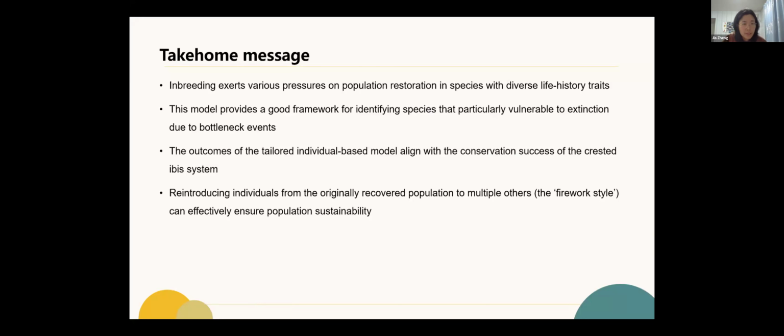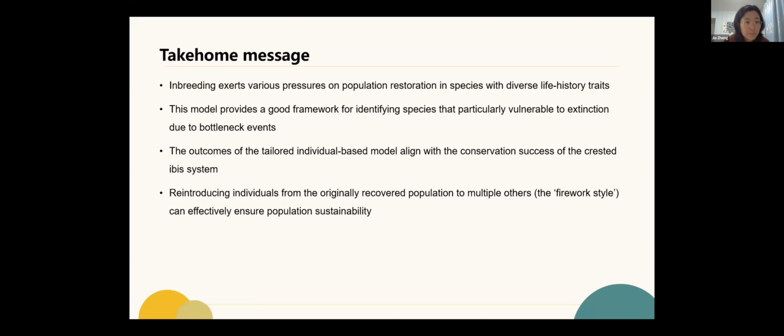So the take-home message here is that inbreeding exerts various pressures on population restoration in species with diverse life history traits. This model provides a good framework for identifying species that are particularly vulnerable to extinction due to bottleneck events. The outcome of the tailored individual-based model aligns with the conservation success of the tri-state ibis system.